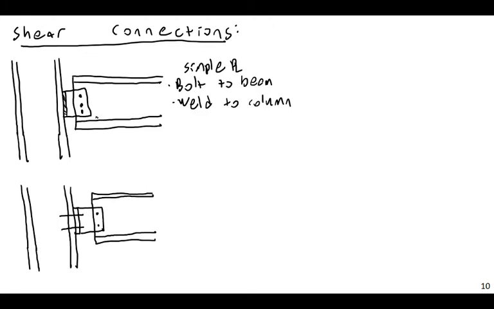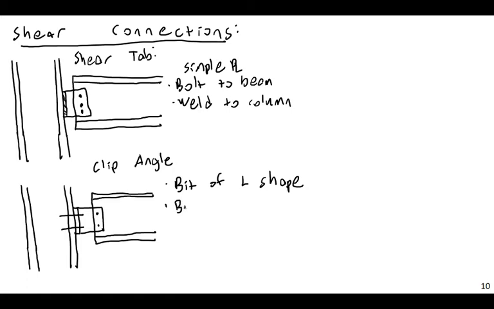I would call the plate a shear tab, and I would call this a clip angle. We would use just a bit of L shape, and I could bolt to beam and bolt to column. Or you could also do this as welds. You can really do this with any combination of bolts and welds: bolt to column and bolt to beam, or weld to the column and weld to the beam. I could do any combination of the above.